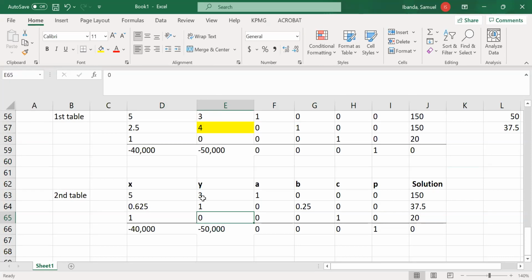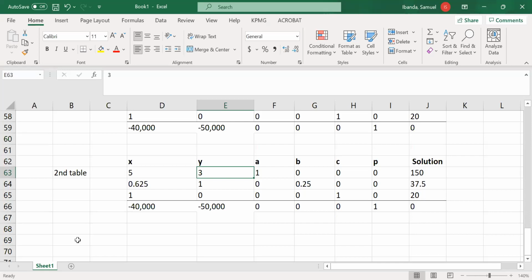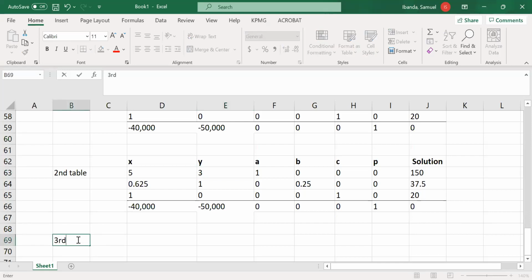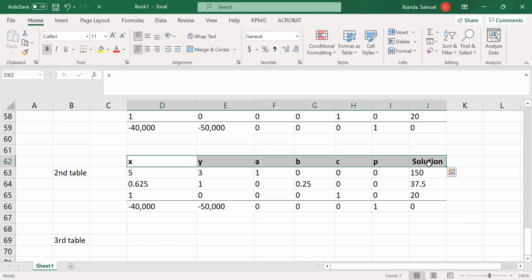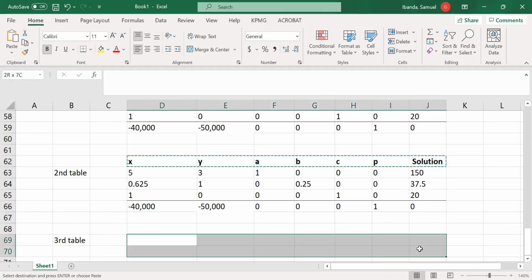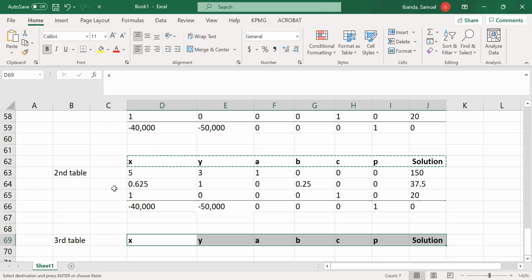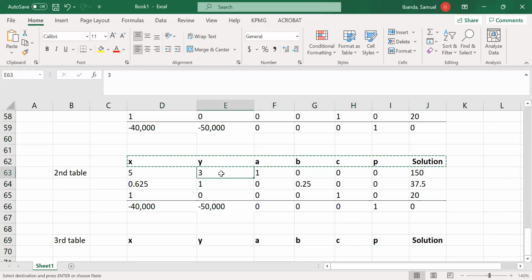Now I have to strive to make this also 0. So I'm going to do the third table. I'll just pick my heading to be the same. Now, I'm striving to make this 0.